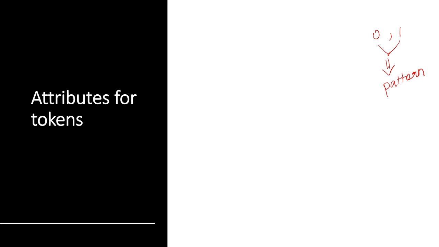To avoid this confusion, for example, if I represent the constant 0 as ID, and also represent the constant 1 as ID, both lexemes are mapped to the same token name. So there occurs confusion. In order to avoid that, the scanner provides a token name and an attribute value.